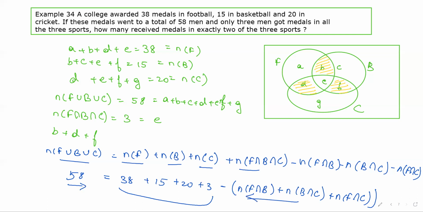So the minus sign will turn positive. So now N of F intersection B plus N of F intersection C plus N of B intersection C will be equal to, after calculation, 18.